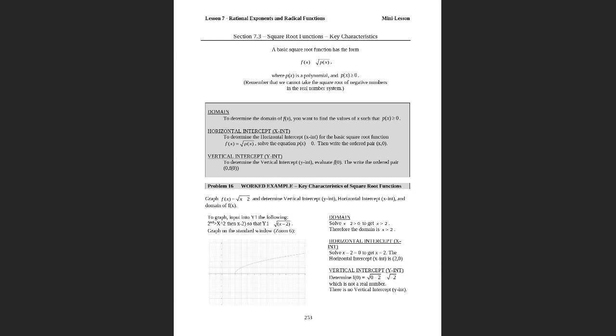So for the vertical intercept or y-intercept, x is always what? 0. X is always 0. So if x is always 0, I put x equals 0 into the function, meaning that I replace the x with a 0 and then calculate.